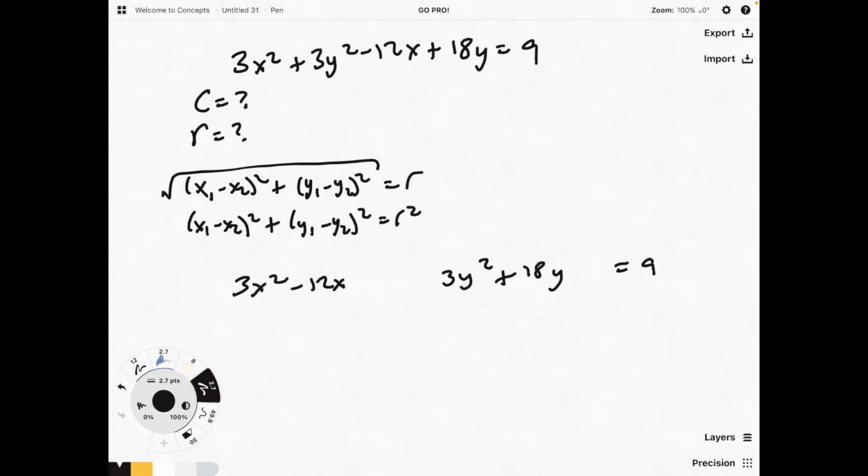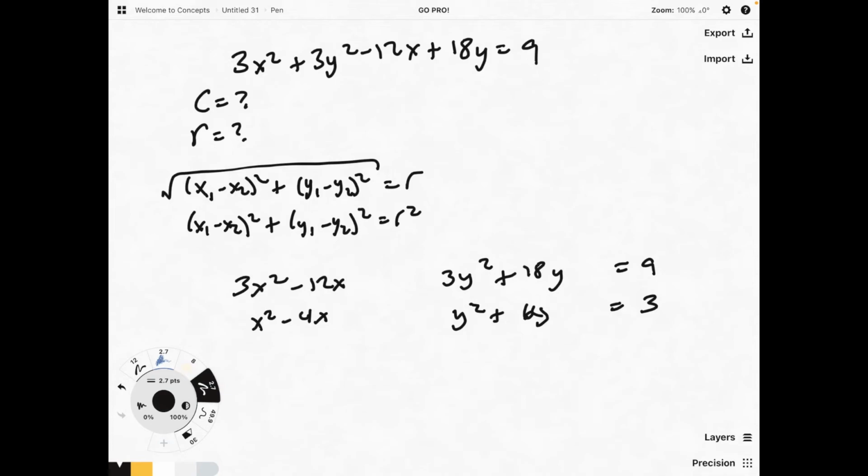We see that we have a common factor of 3, so we'll divide everything by 3, and we are left with x² − 4x, y² + 6y, and this is equal to 3.